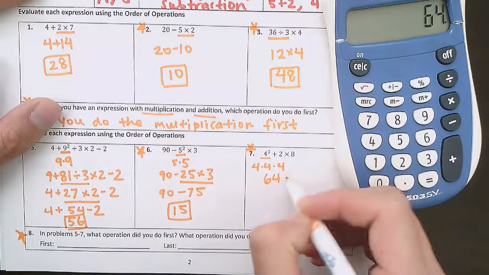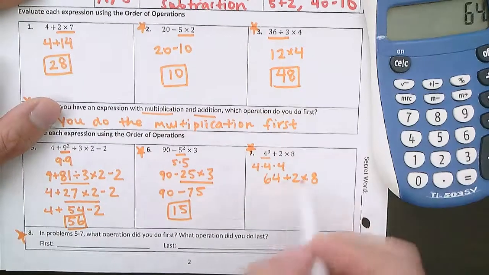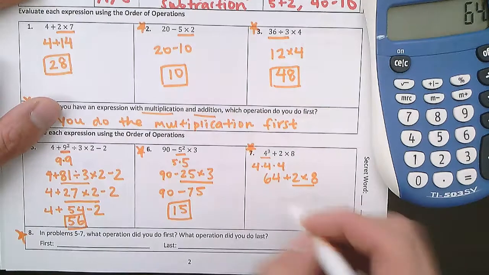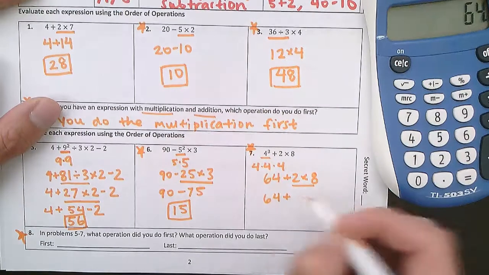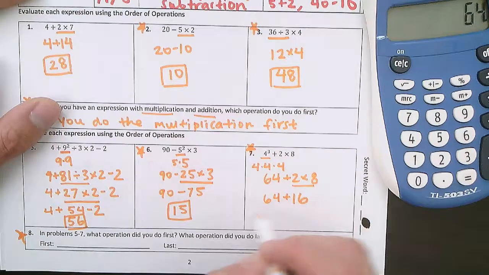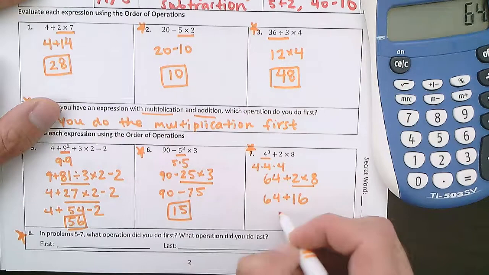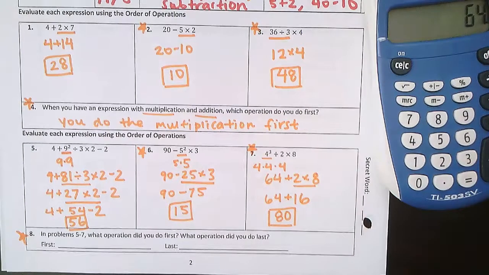I still have the plus 2 times 8. I have addition and multiplication. I'm going to do the multiplication first. That would give me 64 plus 2 times 8 is 16. And then I can add this together. 64 plus 16 is 80. 2 gold stars if you got that right on your own.